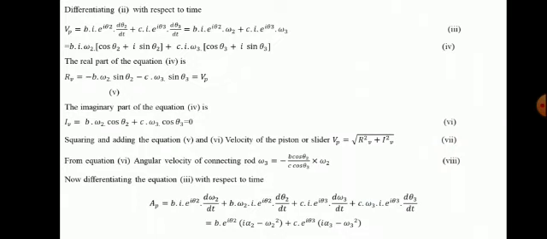Differentiating this with respect to time, Vp, the velocity of the piston, nothing but the derivative of the displacement of the piston a, is given by b e^(i theta 2) into i d theta 2 by dt plus c e^(i theta 3) into i d theta 3 by dt.